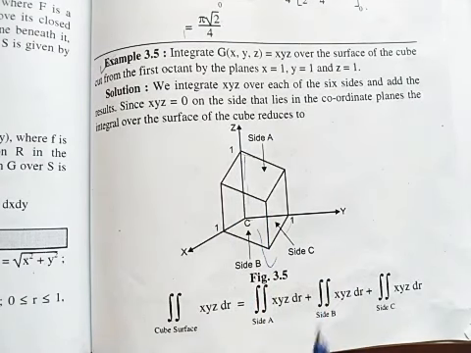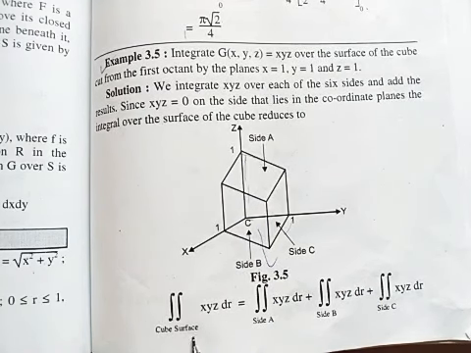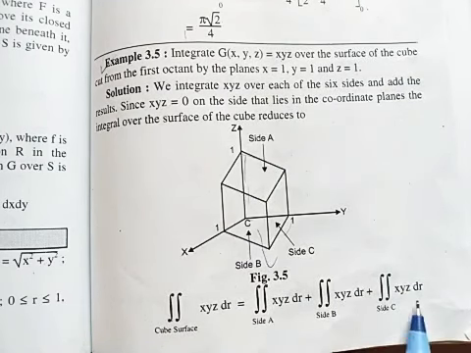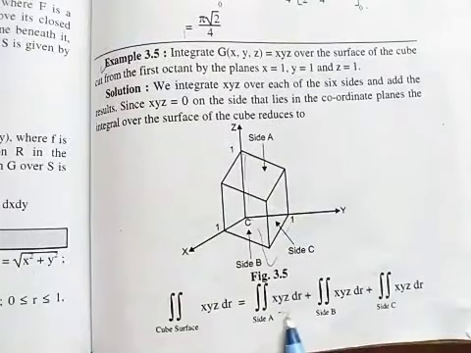Therefore, we need to integrate only over three sides. So the integration of x y z d sigma over the cube surface reduces to the double integration of x y z d sigma over first side A, then side B, then side C. Let us calculate one by one.